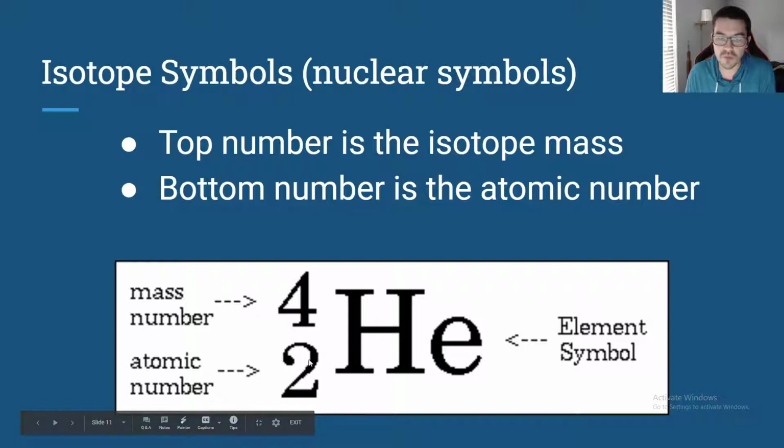Sometimes you'll see a nuclear symbol that just doesn't have this number 2 here. The reason for that is if you know what element it is, then you know what the atomic number is, so it's not really necessary information. Sometimes you'll see it there, sometimes you won't. So don't be thrown off by seeing a nuclear symbol that doesn't have the atomic number. If you have that mass number, that's really what you need to be able to work with that isotope.